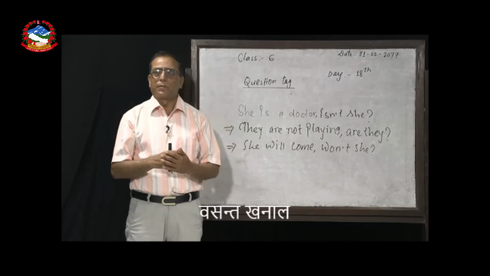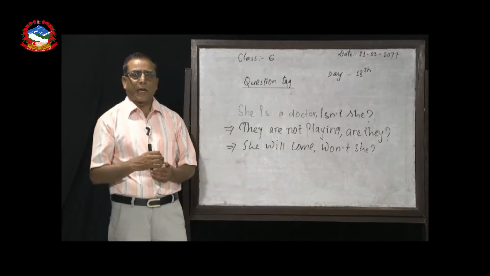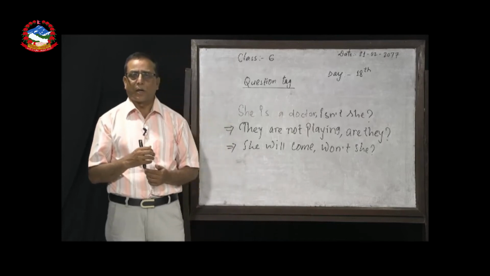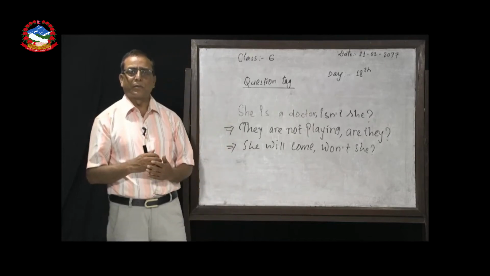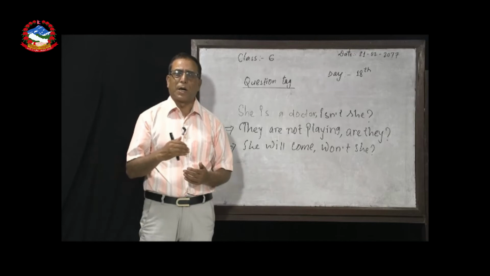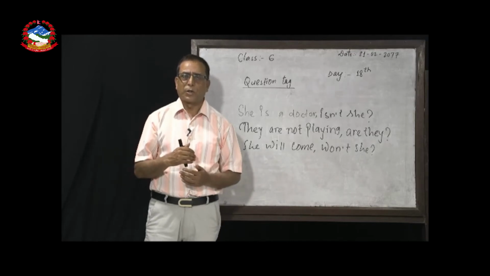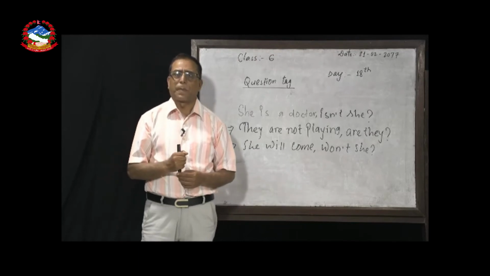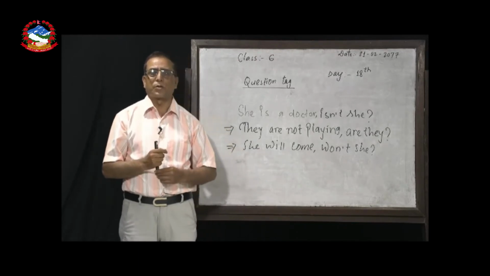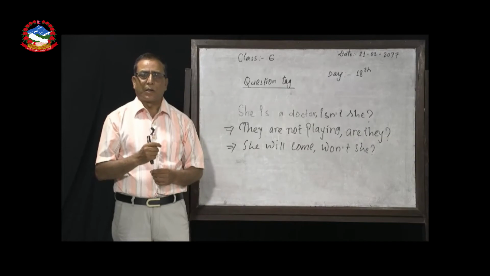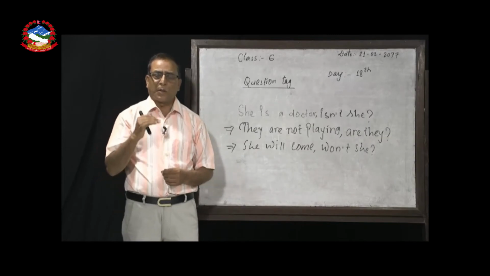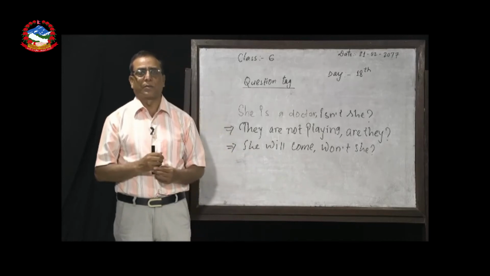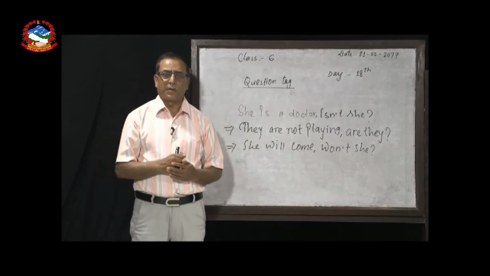For example, is, am, are, was, were, has, have, had, may, might, can, could, should, will, would, etc. These are the list of auxiliary verbs. You have to take the concept of auxiliary verbs. You have to learn that one. You have to keep it in your mind.